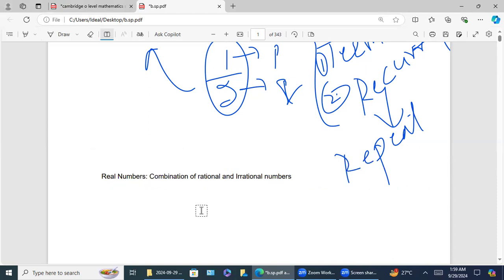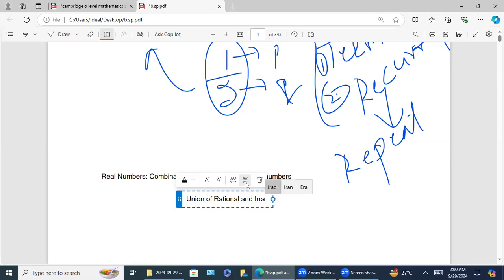Or we can say that it is the union of rational and irrational numbers.